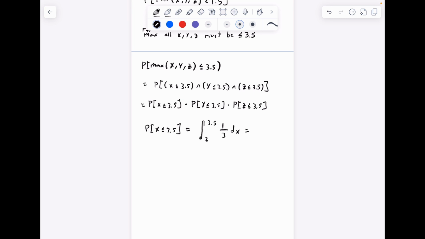And that'll give us x over 3 from 2 to 3.5. This simplifies down: 3.5 over 3 minus 2 over 3 gives us 1.5 over 3, easy, 0.5. We do the same for Y.